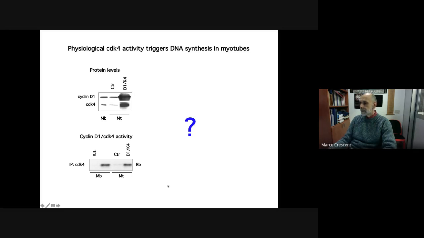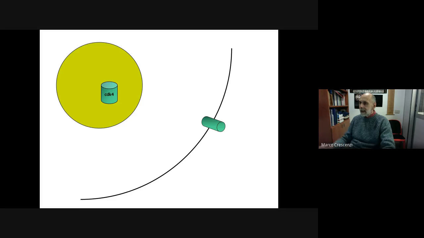Well, we devised a model to try and address this question. The model went like this. In a non-terminally differentiated cell, of which this is the plasma membrane and this is the nucleus, when a growth factor binds to its receptor, it activates a signaling cascade. This is a very simple schematic, of course.